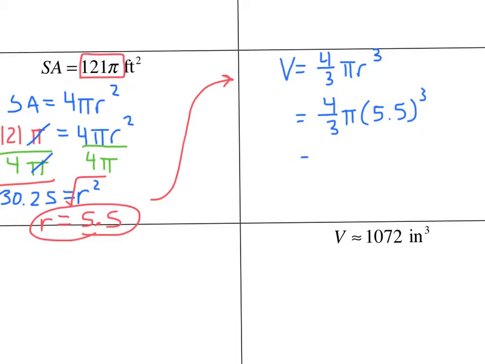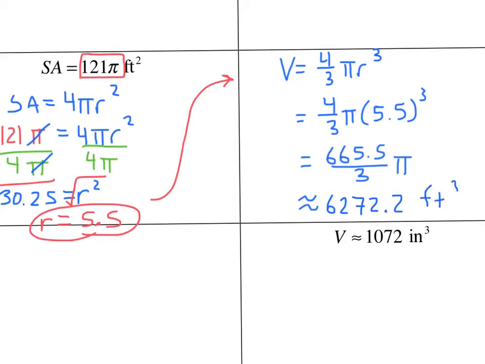So the exact answer will be 665.5 divided by 3 times pi. Not a very clean answer, so it'll be cleaned up when we decimalize everything. 6272.2, and all of these are cubic feet. Again, both of these are good answers.